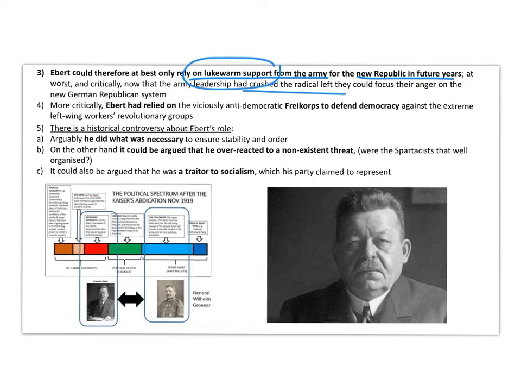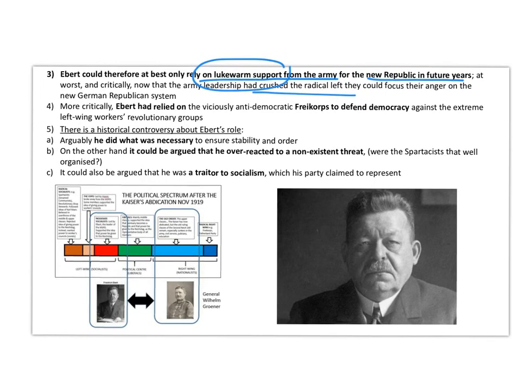Ebert could therefore at best only rely on lukewarm support from the army for the new republic in future years. At worst, and critically, now that the army leadership had crushed the radical left, in other words, the Spartacist uprising, the army leadership have got the power and the influence now to turn their anger on the new German republican system. And that's going to fundamentally weaken the new republic.